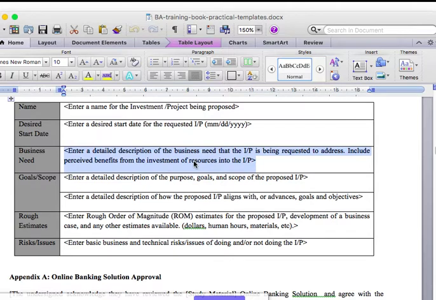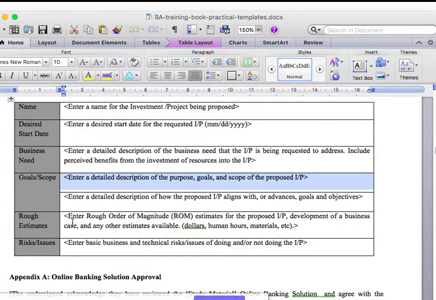Earlier in the paragraph you have written the background, but here you have to write the actual business need, and I will show you how you can write it down. Then what goal you want to achieve. Enter the detailed description of the purpose, goal and scope of the proposed investment of the project. Enter the detailed description of how the proposed investment aligns with or advances the goal or objectives.